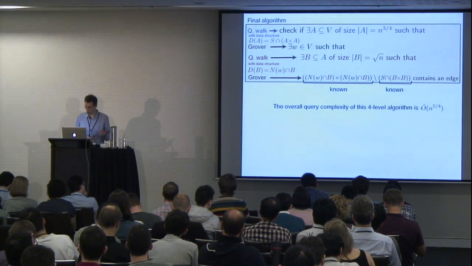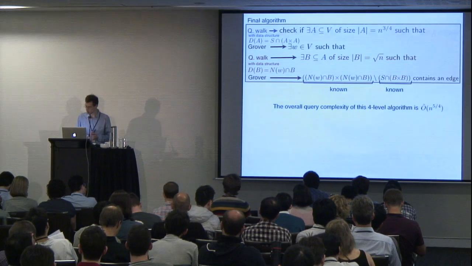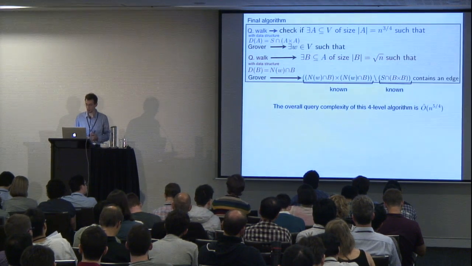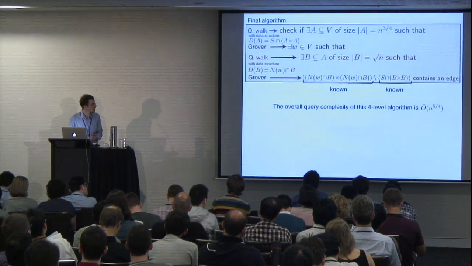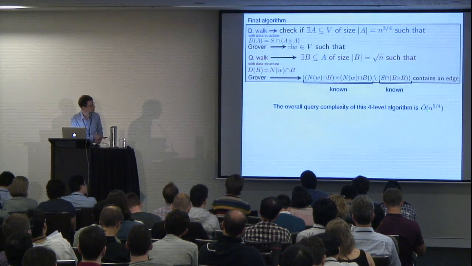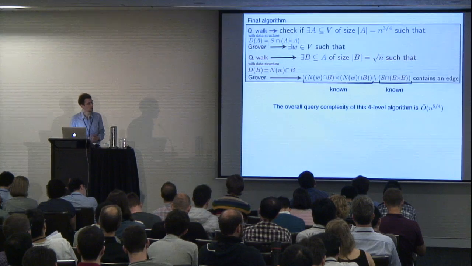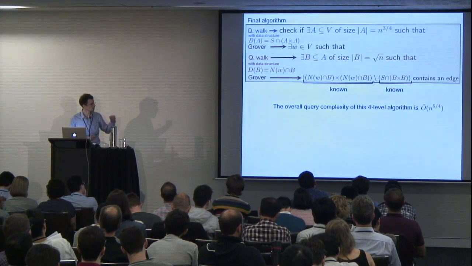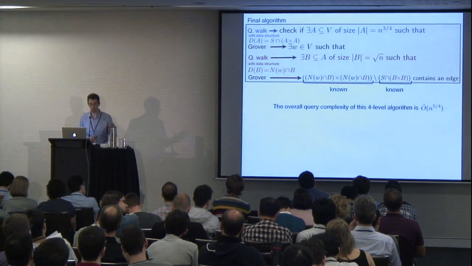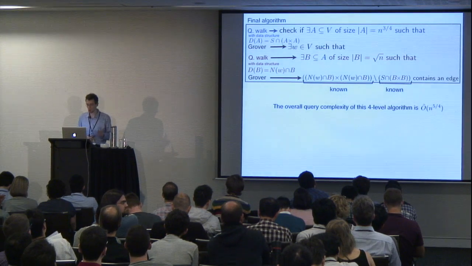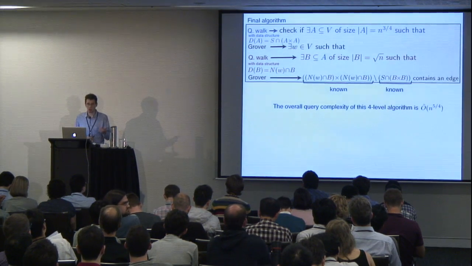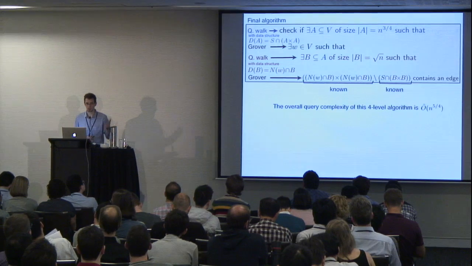And if you work out the query complexity of this algorithm, then you can show that it is upper bounded by n to the 5/4 up to polylogarithmic factors. The derivation of this upper bound is quite mechanical. We have to upper bound the setup cost, the update cost, and the checking cost of the two quantum walks.